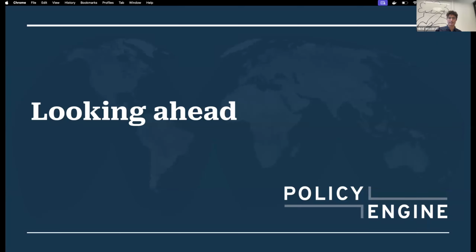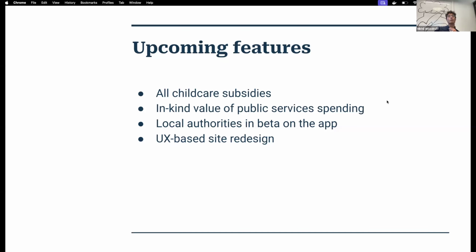So if there's a proposal to make some change to tax-free childcare, we can now split it out by constituency. Looking ahead, we've got some new things planned for later in the year as well: finishing childcare subsidies and having those be editable on the app.